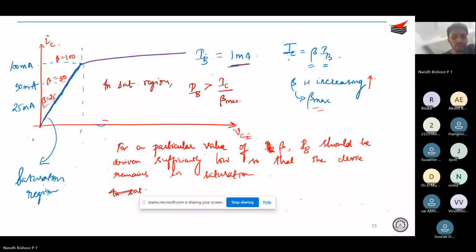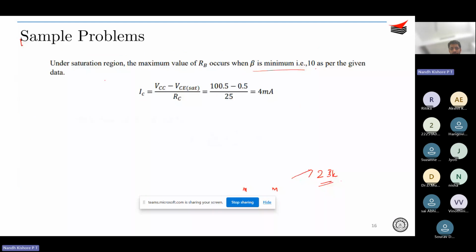So that's the condition you make use of here.